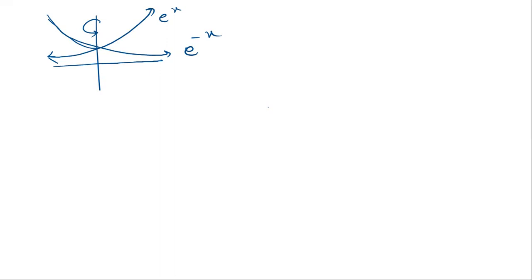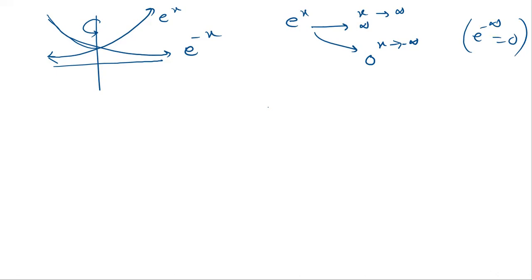Let me explain why it is happening this way. You take e power x. For x tends to infinity, this tends to infinity, and for x tends to minus infinity, it tends to 0, because we know e power minus infinity is nothing but 0.